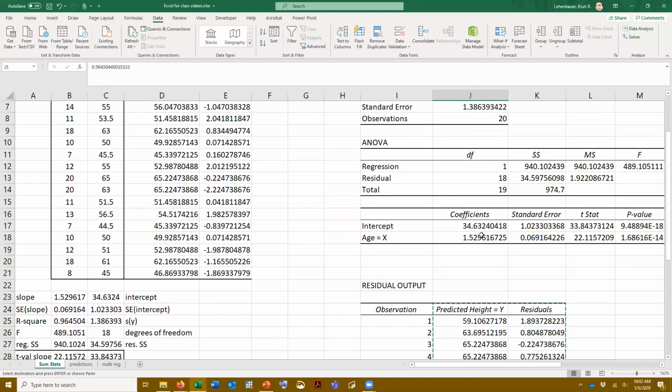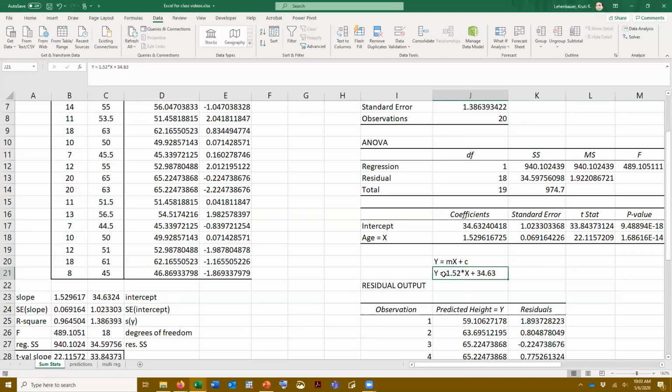And what does our regression equation look like? Well, the intercept is 34.63 and the slope is 1.52. So if you remember your basic algebra, which gives the equation of a line as Y is equal to mx plus c, or a constant, then basically what you're saying is that the predicted Y is equal to 1.52 times X plus this coefficient here, 34.63.